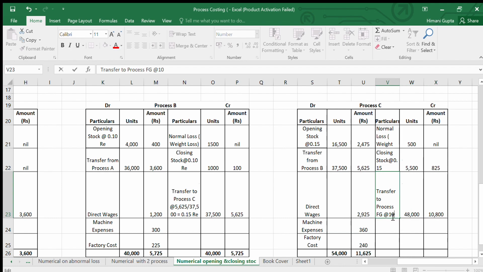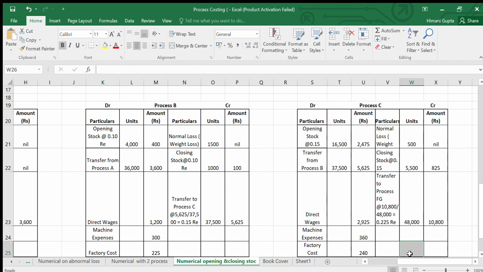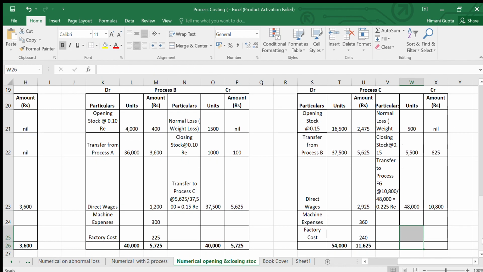Rate will be 10,800 divided by 48,000. It comes to be 0.225 rupee. Total it will be 54,000 and amount is 11,625.